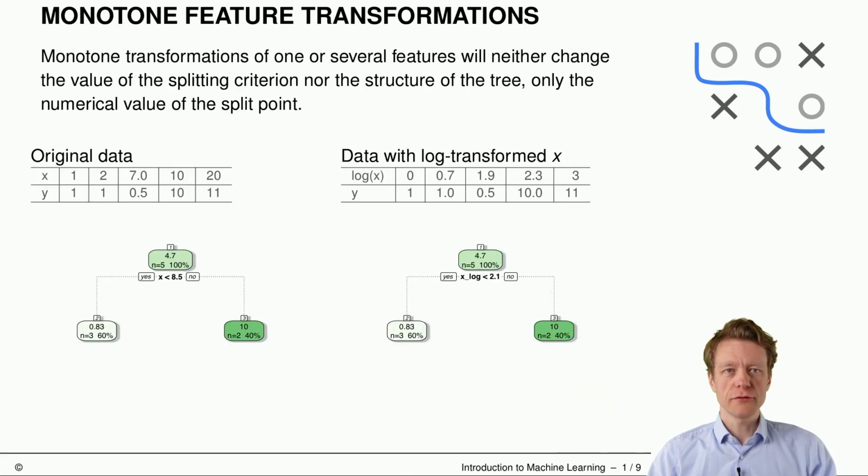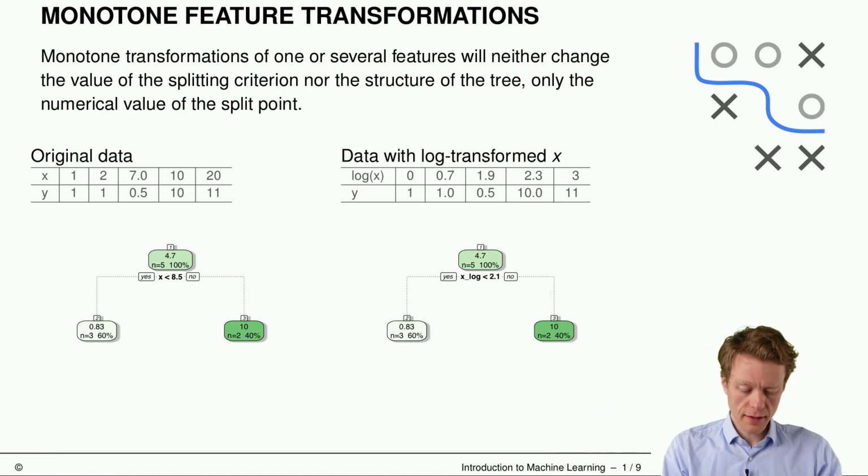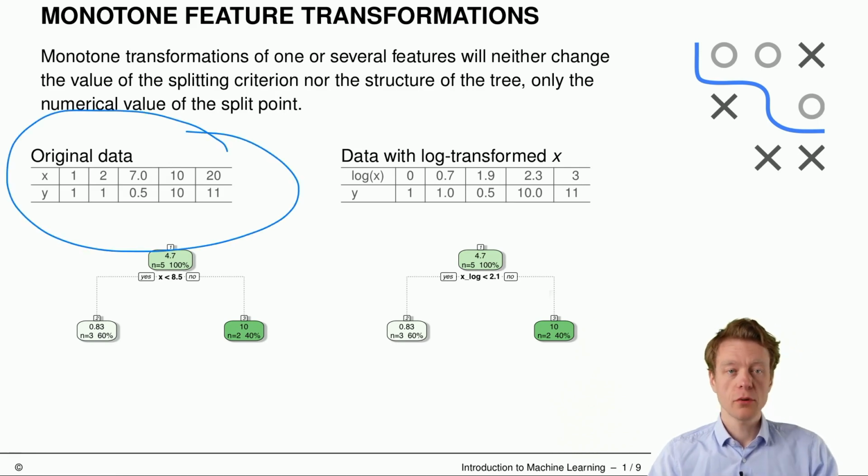Let's tackle the monotone feature transformations question first. Monotone transformations of one or several features will neither change the value of the splitting criterion nor the structure of the tree, only the numerical value of the split point. Let's have a look at an example. On the left hand side we have some data points, x and y, so we have one feature, and y is numerical, so we are in a regression setting.